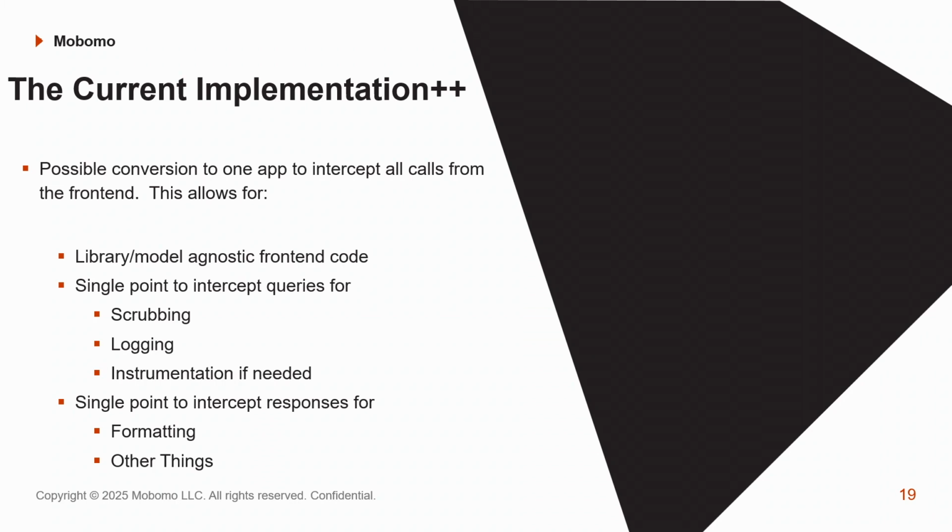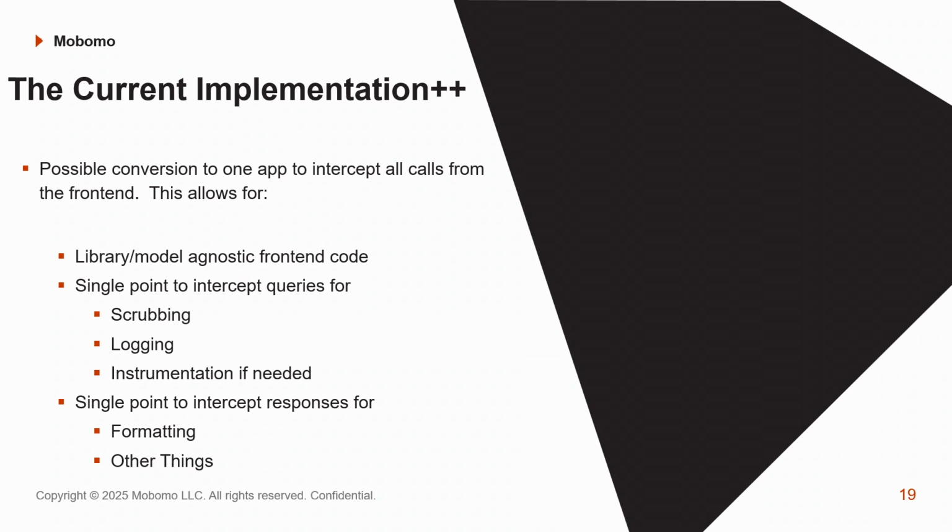So we're working on a single backend that will intercept all calls from the front end, and it can be a single point for scrubbing PII, which actually should happen on the front end, but we can make sure there's nothing that goes into the database. Logging, instrumentation, if we need to give the AI hints on how to parse the question that we've given it.